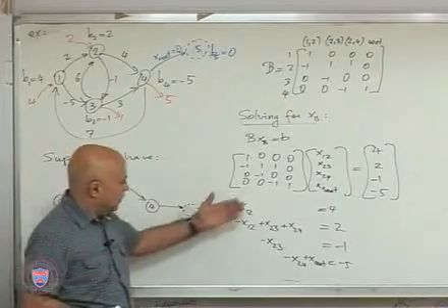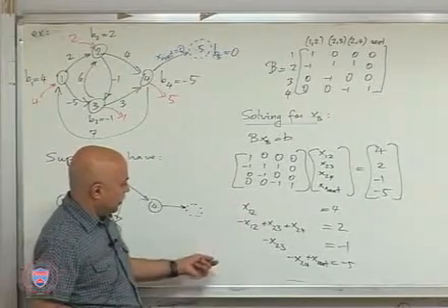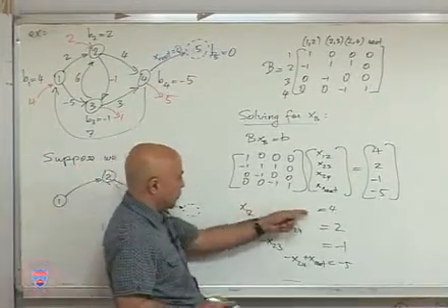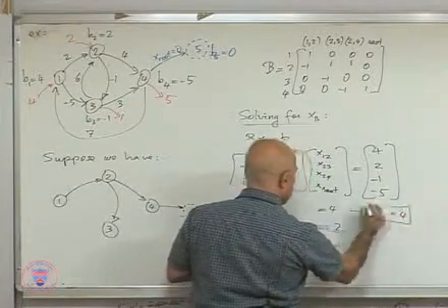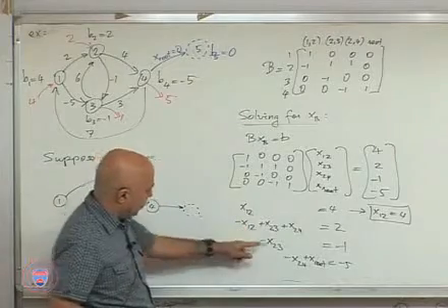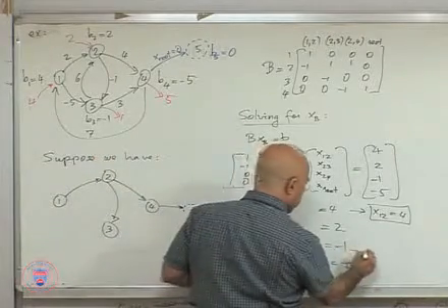And of course, because of the tree structure, you can see that you immediately have a solution. x12 equals 4. Once x12 is 4, well, x23 is 1.